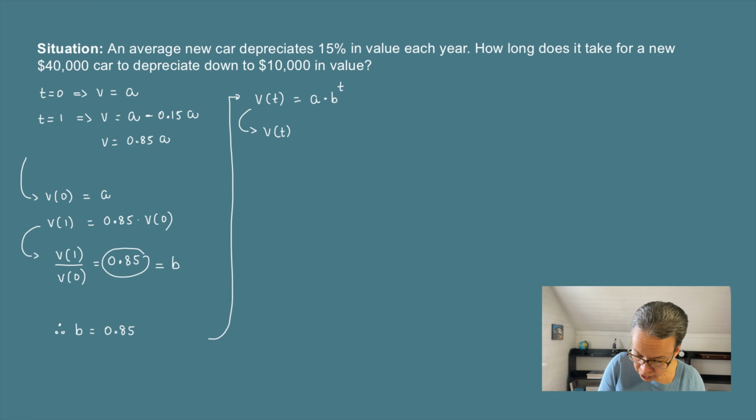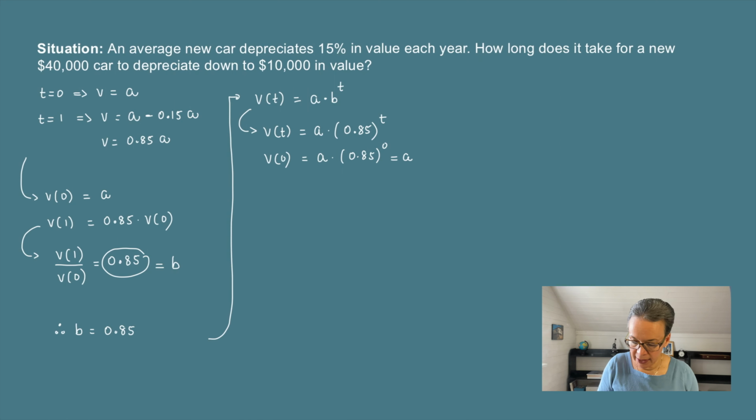I can say that V of t is equal to A times 0.85 to the t. So that's what I have. And if I want to find A, then I'm going to set t equals 0, because I know the value of the object at 0, and that is going to give me A times 0.85 to the 0, which is going to be equal to A. Very nicely.